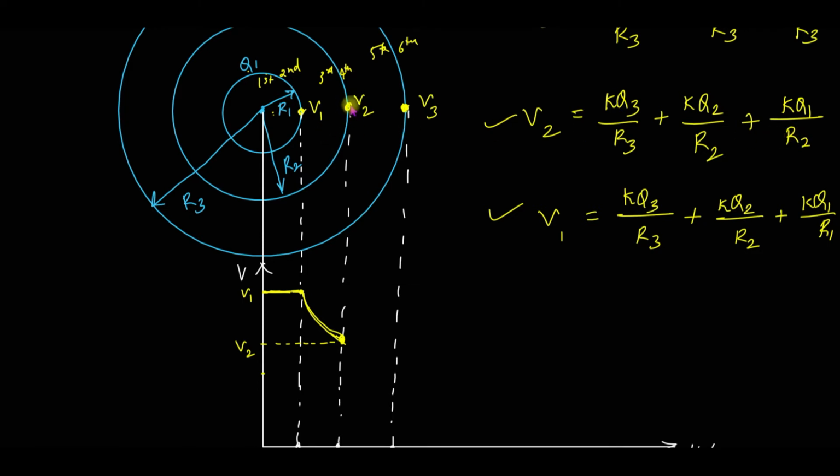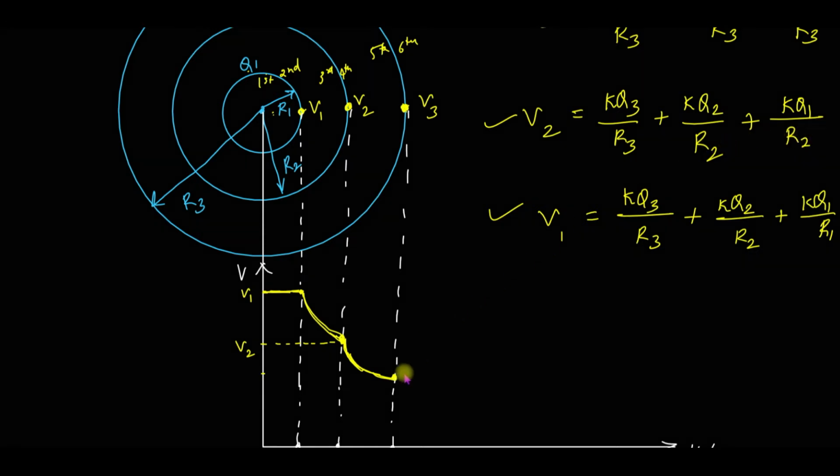Now as you move further out from the second sphere, the potential will again start decreasing, because now you are moving out of the second sphere. As you move out of it, the potential due to the second sphere also starts decreasing. So this term, instead of r2, you will have r, and here also instead of r2 you will have r.